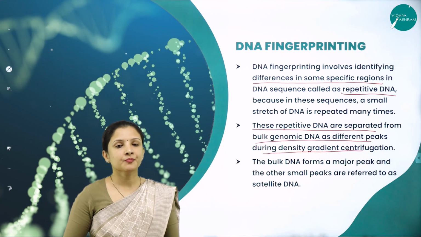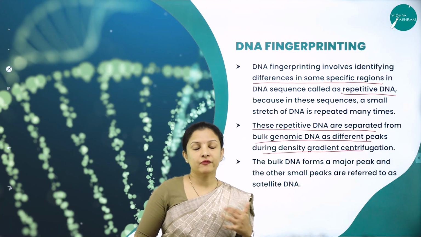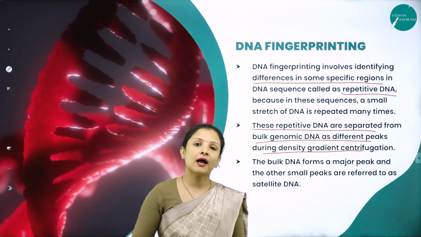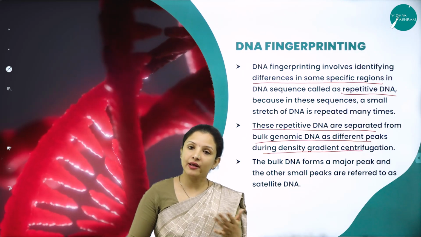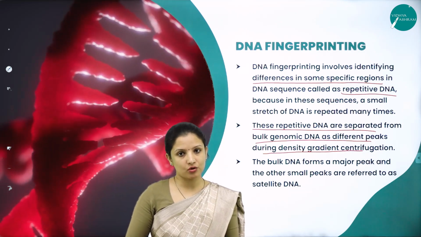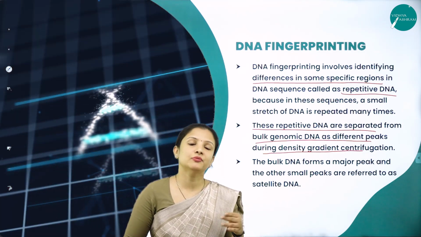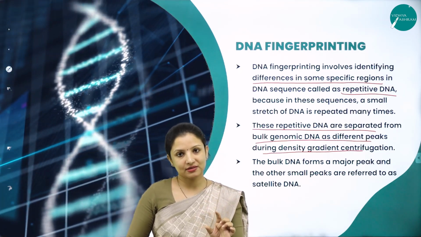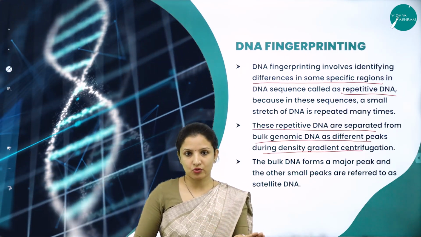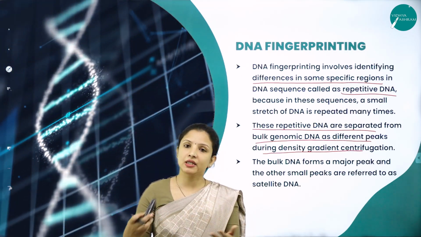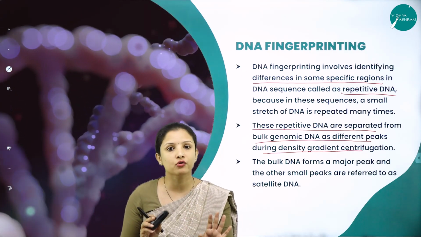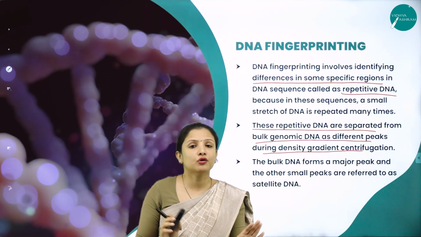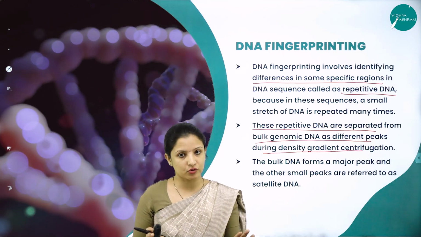If you remember, we had learnt that in DNA sequencing, the DNA sequence has the coding regions as well as the non-coding regions, right? Non-coding genes as well as coding genes. Some of these repetitive sequences do not code for any proteins, and that is why if they vary from individual to individual, it is not going to alter any normal functioning of the human body, because they do not produce any kind of proteins.